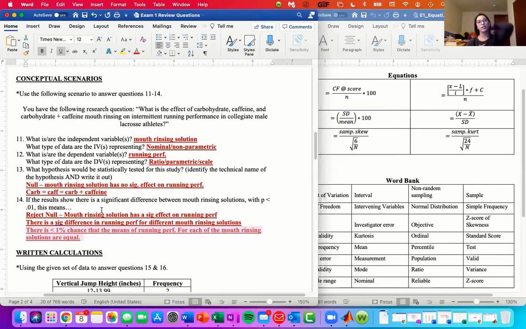If your p-value is less than the amount of error you're willing to accept, there's a good chance that you are right in your statistical significance that you're showing, okay? In which case you would reject the null and say, the null is not right. This is the actual effect that I found in my data, okay? But you always test the null.